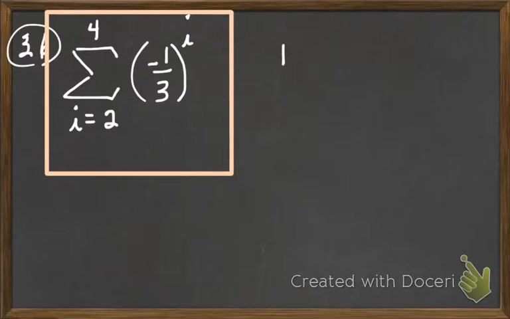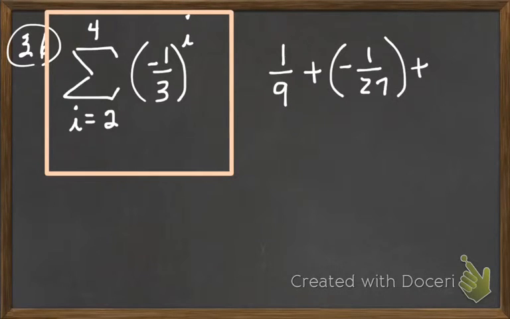1/9. So I have 1/9 plus negative 1/3 to the third power, which is negative 1/27. And then lastly, negative 1/3 to the fourth power would be positive 1/81.